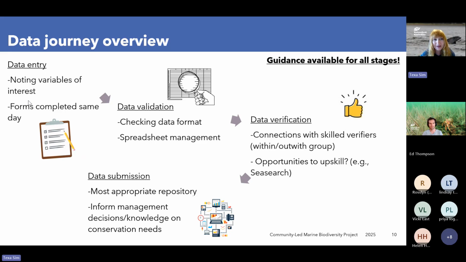The next step is validation, and that's really checking over your data and starting to input it into your spreadsheets, your spreadsheet management, so making sure things are labelled really clearly and being quite consistent in your naming. So that's quite important. And then once you've done that, you've got your next stage of verification.